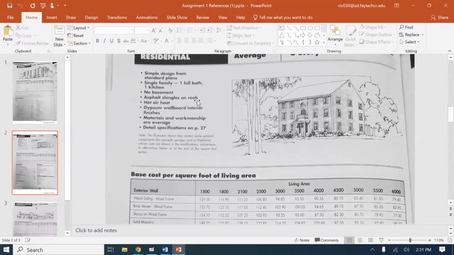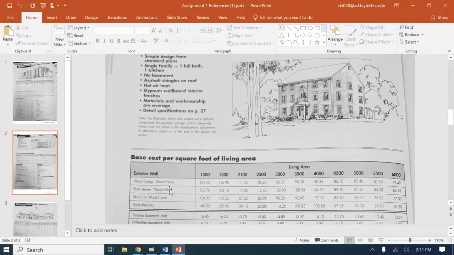And so we're going to have to interpolate again. I don't want to do all this; I want to kind of tell you where to look. It is brick veneer, wood frame. We're at 2,200. We have a 2,100, which is $717.05, and then we have a 2,500 square foot, which is $112.40.